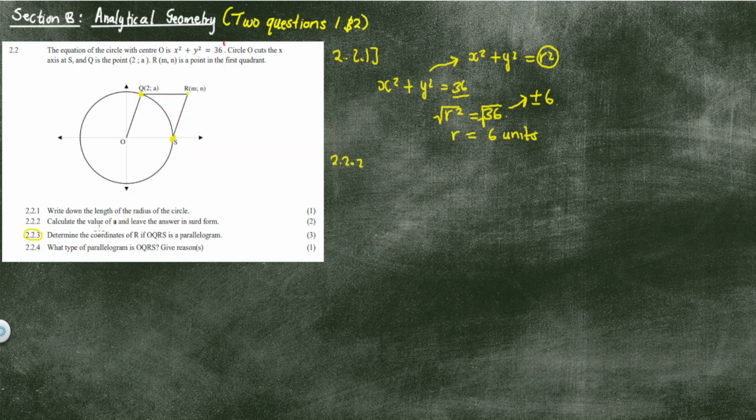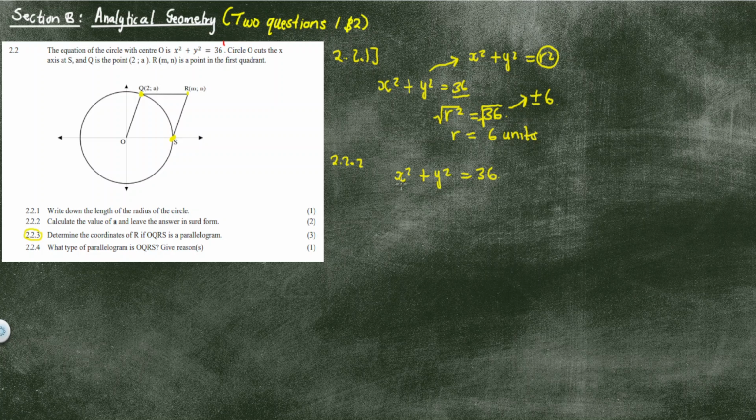2.2.2, calculate the value of A and leave it in surd form, for 2 marks. Alright, so we can see from the sketch that Q is a point that lies on the circle. We want a value of A, which happens to be the y coordinate of that point Q. So, x squared plus y squared equal to 36.